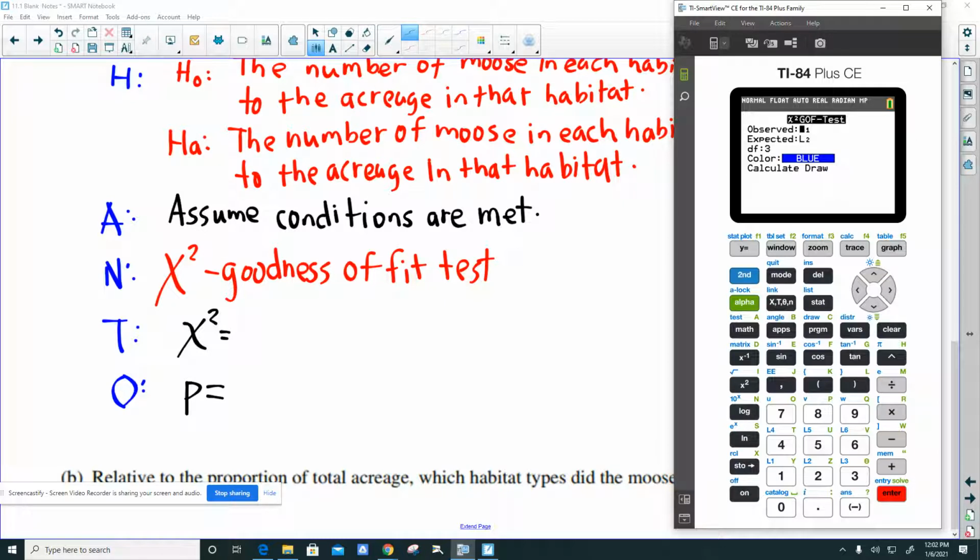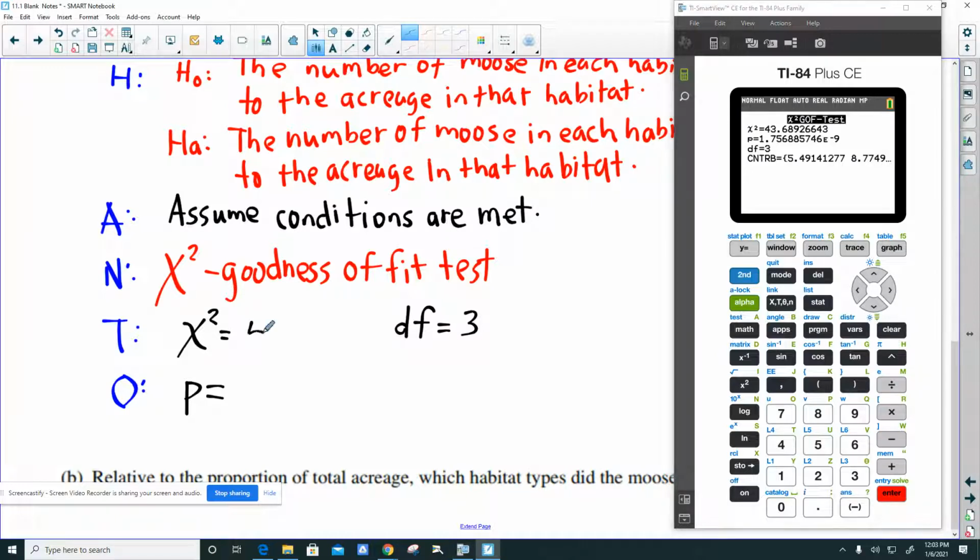Now, degrees of freedom. This is actually something I should be writing down here somewhere on my paper. The graders are going to want to see what I'm saying the degrees of freedom are. There were 4 habitat types. There's 4 categories here. We should do one less than that for our degrees of freedom. We're going to come down, punch the calculate menu, and we need to report a few things here from our screen.